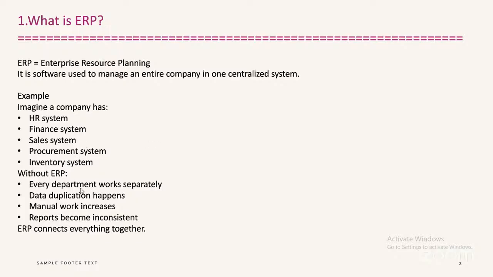Without ERP, every department works separately, so data duplication may happen, manual work increases, and reports become inconsistent. That is the reason ERP is very helpful here. It will connect every system together.